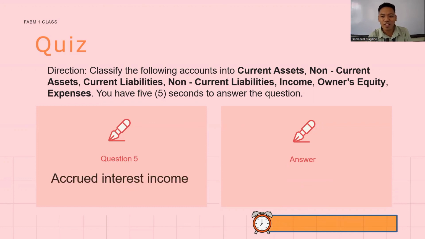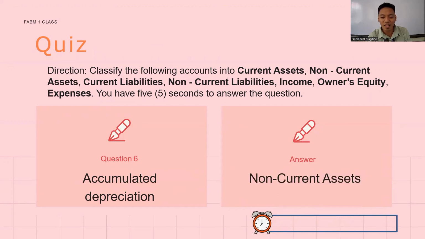Question number 5, accrued interest income. Thumbs up. The correct answer for that is current assets. Next question, accumulated depreciation. 5 seconds, go. The correct answer is non-current assets.